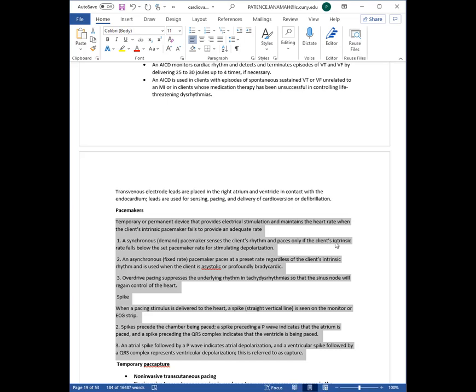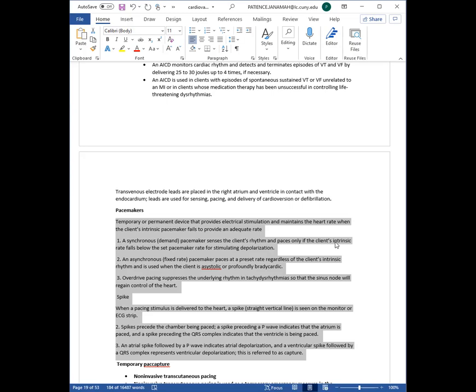So it's either a permanent one or a temporary one. If the patient's condition demands it, to see how the heart picks up on its own, they'll put in a temporary one. The first one is the synchronous pacemaker. It senses the client's rhythm and paces only if the client's intrinsic rate falls below the set pace rate for stimulating depolarization.